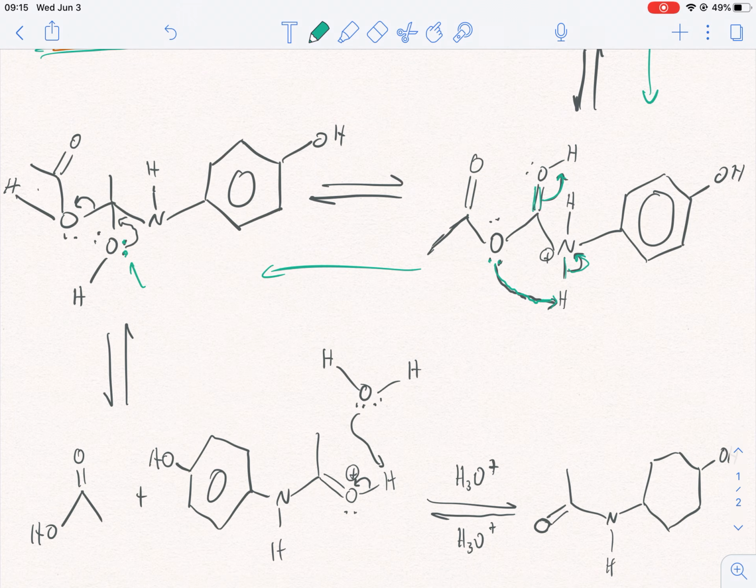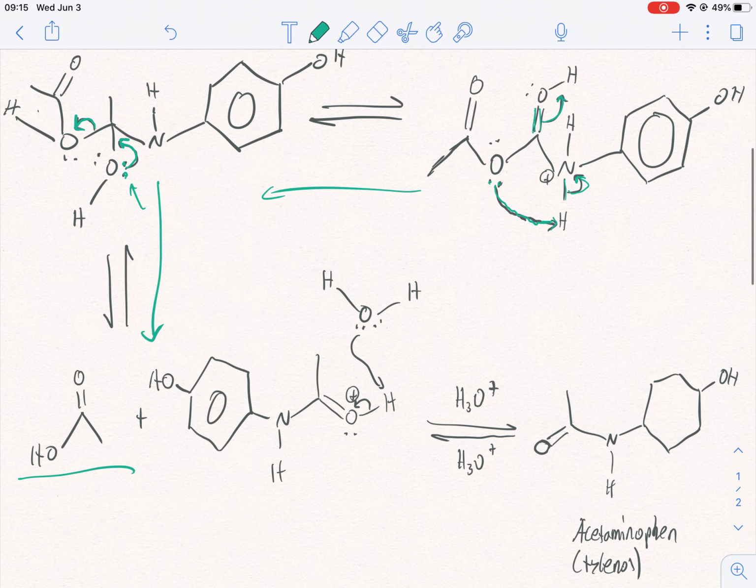Here we have the electrons from the oxygen jump down here, making a double bond, right? Kicking off a carboxylic acid. Now we're here. We have our carboxylic acid, and now we're almost there.